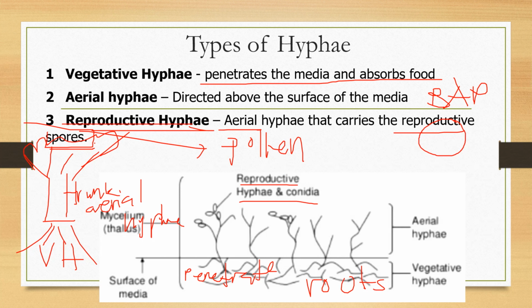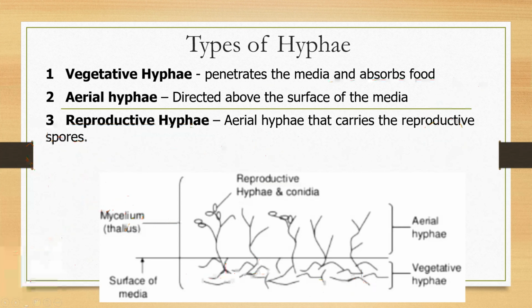So that's the thing you need to remember about the spores. When they are inhaled or when they are scattered, they are able to reproduce depending on the location where they went to. So I hope that was clear.